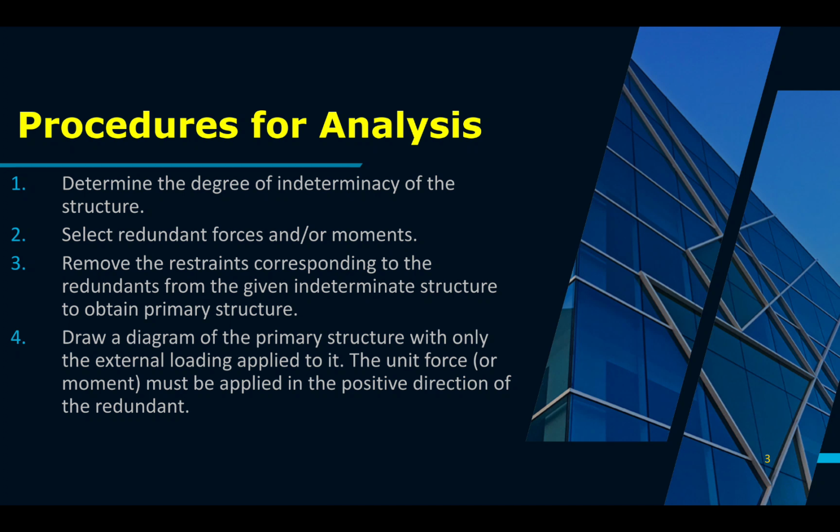That structure is our primary structure, our determinate structure without the corresponding redundants. We sketch a deflected shape of the structure and show the deflection or slope at the point of application and in the direction of each redundant by an appropriate symbol.